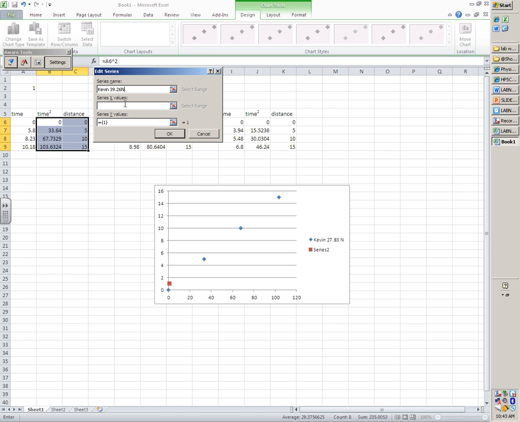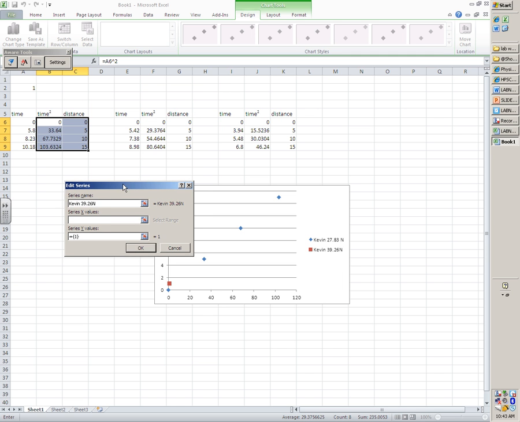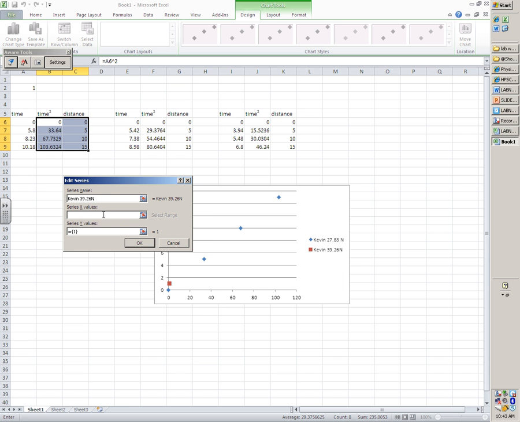Now, in these two squares where it says series x values and series y values, this is where I'm going to tell Excel what I want to graph. So I'm just going to move this over here. The x values for this new set of data are these time squared values. The time squared values that are in the second set or data table that you plugged in.